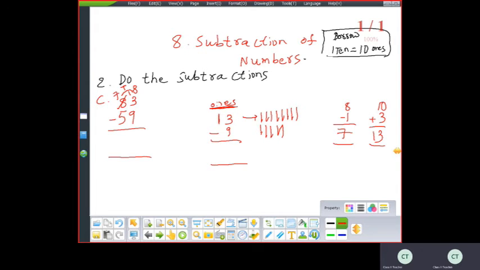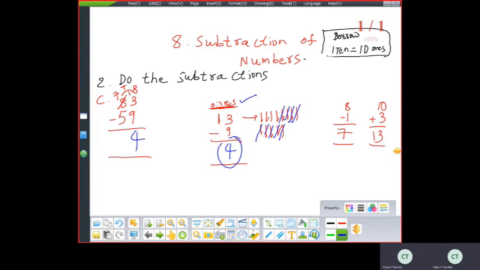From 13, we subtract 9. Means we cut 9 lines. After cutting 9 lines from 13 lines, there are 4 lines. 13 minus 9, 4. This answer 4 write in ones place.